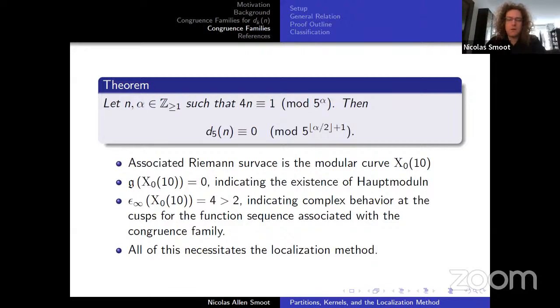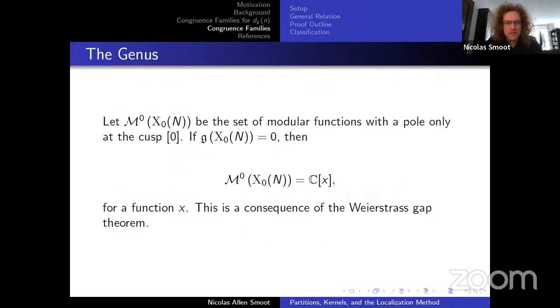But when there are more than 2 cusps, then there's complex behavior at the cusp, because these functions, they're modular functions. You can rig them so that they have a pole only at 1 or 2 spots. Well, when the cusp count is 4, it's hard to figure out where the cusps are, or where the poles are of these functions. Maybe I'll go back just a little bit and show you the basic idea.